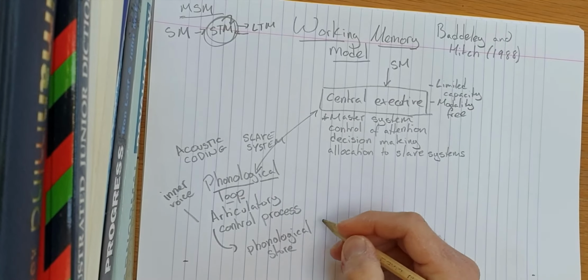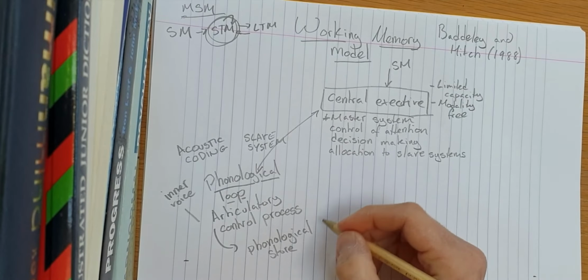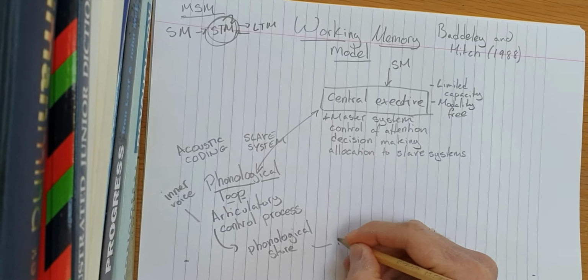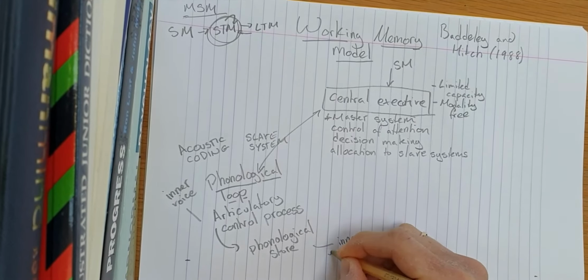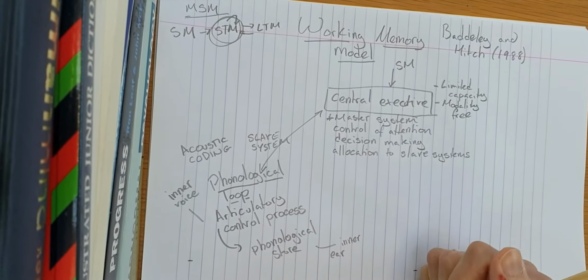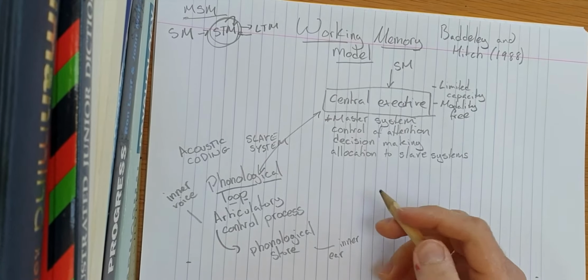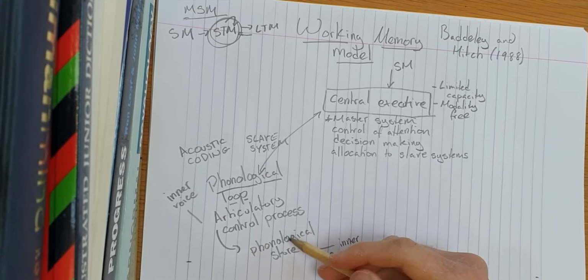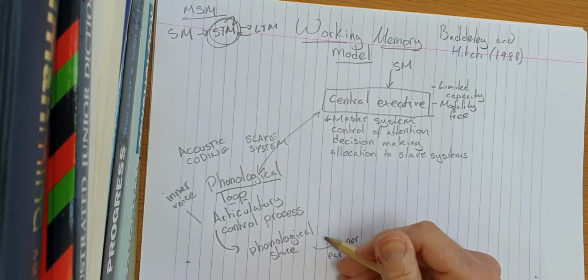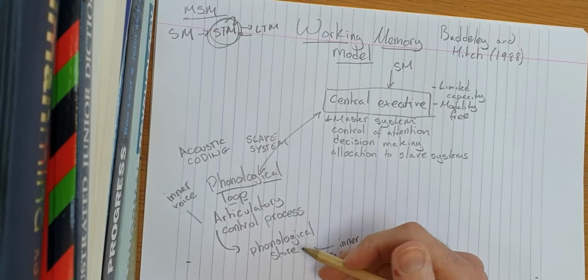The phonological store is like your inner ear. It's there just to hold the information, to look after that information. And the information will last for about 30 seconds. Remember Peterson and Peterson.